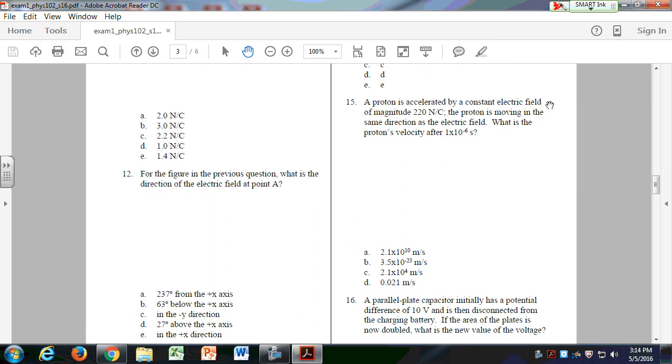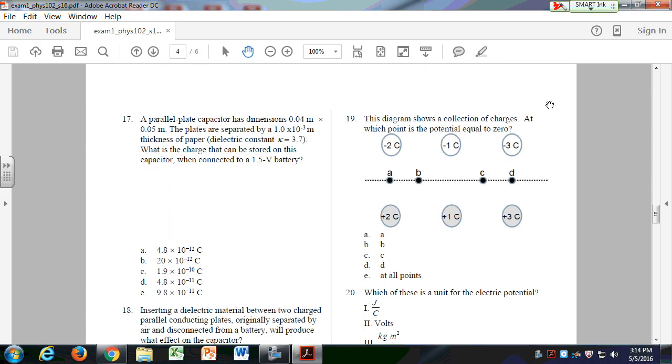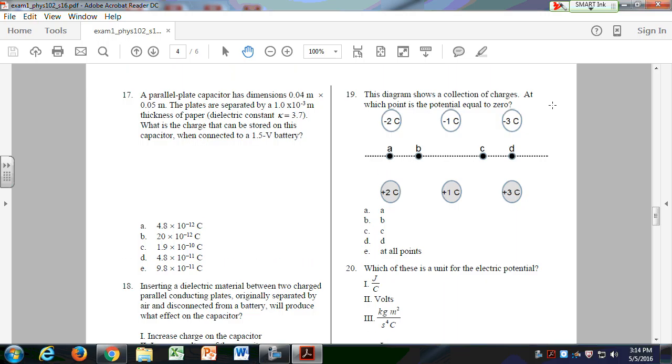So, number 19. Okay, this is another similar question. This one's a little more straightforward, but you want to know where the potential is equal to 0. Now remember, potential is a scalar quantity, so I'm not worried about vectors.